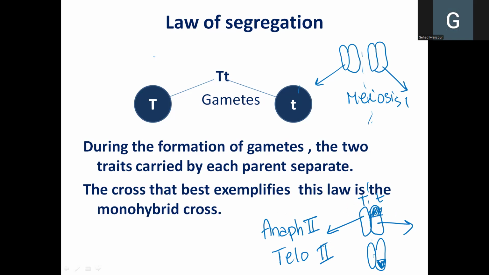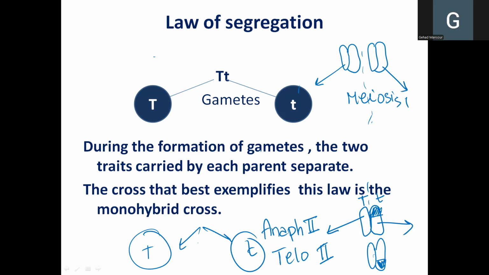So the T capital will be present in one gamete, and the T small will be present in the other gamete. And this is what we call the law of segregation or the law of separation. And we cannot see this segregation unless we are carrying out meiosis. So during the formation of gametes, the two traits carried by each parent separate.